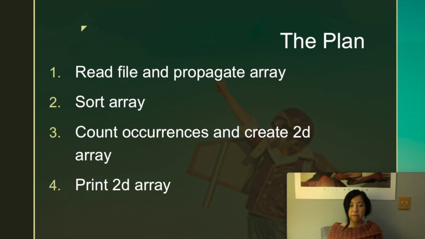So the plan is to first read the file, populate a one-dimensional array, sort the array so that it goes from smallest to largest number, and then count the occurrences and create a 2-dimensional array out of it, and then we will print the 2-dimensional array.